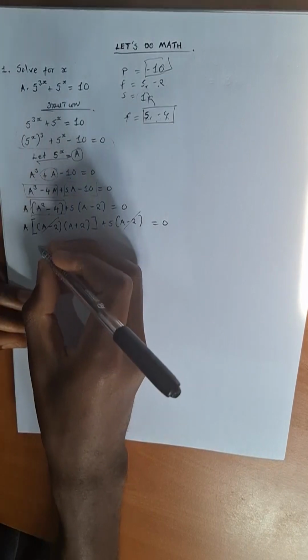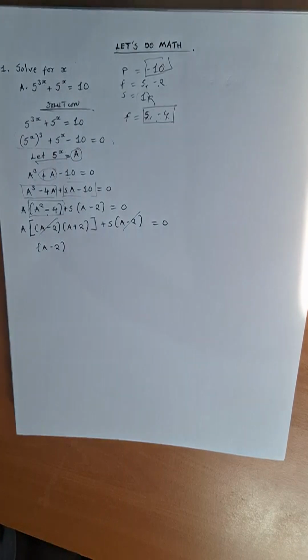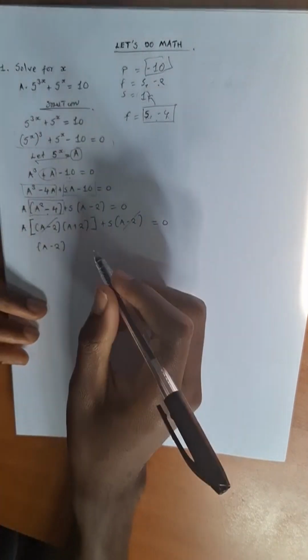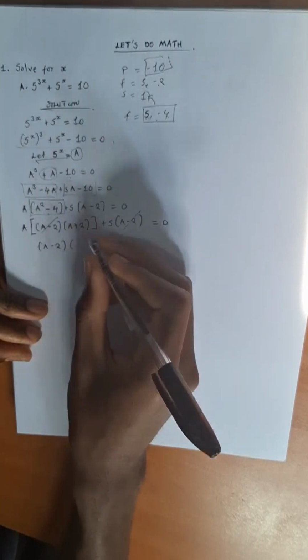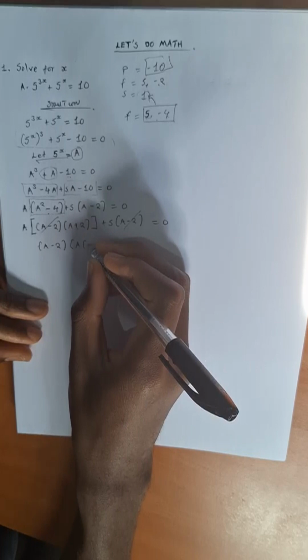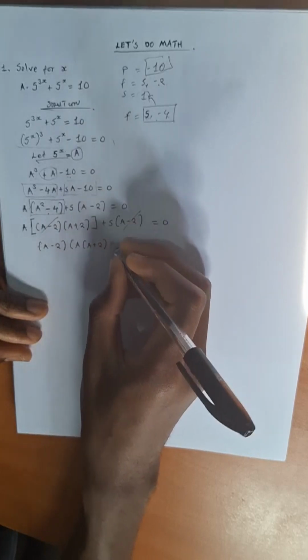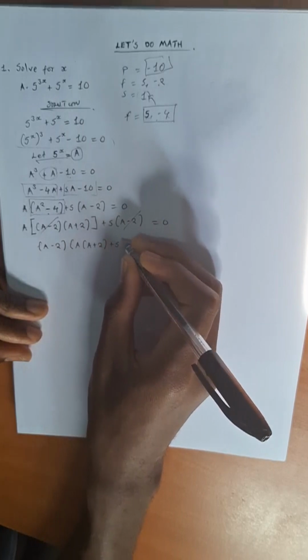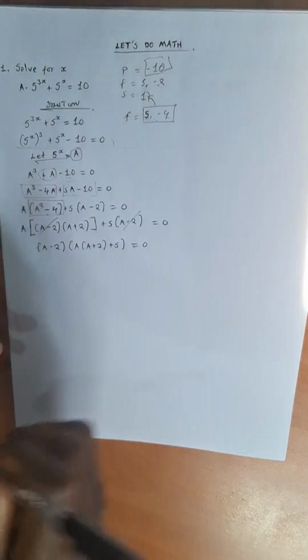So we're going to get a minus 2, remain with a and a plus 2 plus 5, is equal to 0.